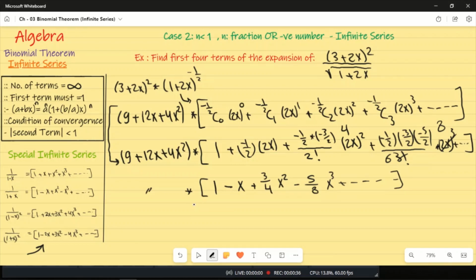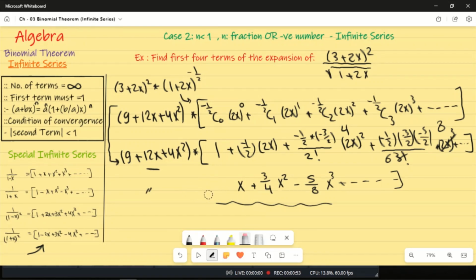So just multiply this bracket into this series and obtain our first 4 terms. So let's do that.